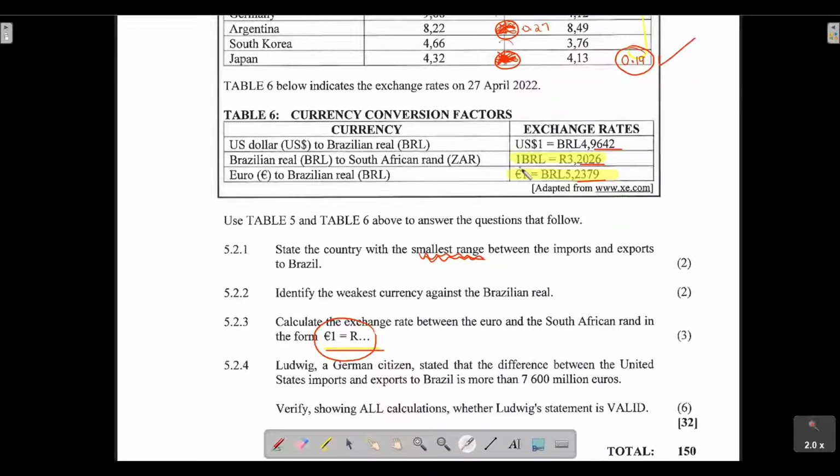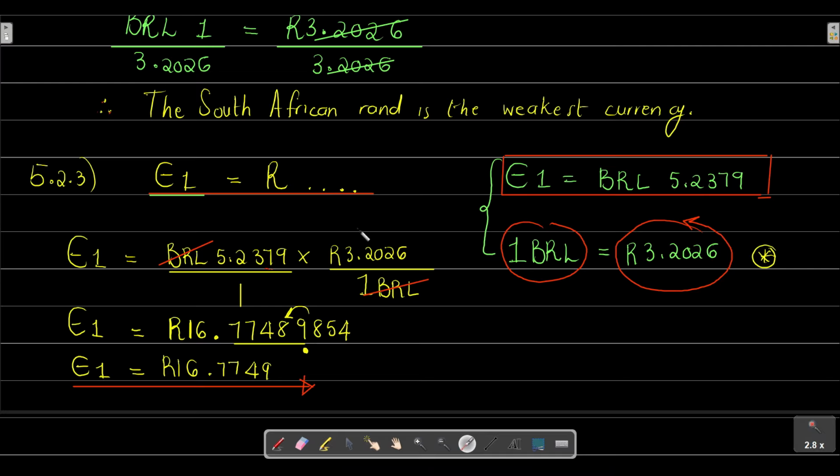I highlighted one that contains rands and another one that contains euros. Then we want euros on the left-hand side, which helps us determine which equation to start off with. So we start off with the equation 1 euro is equal to 5.2379 Brazilian reals, because here we've got the euro on the left-hand side.